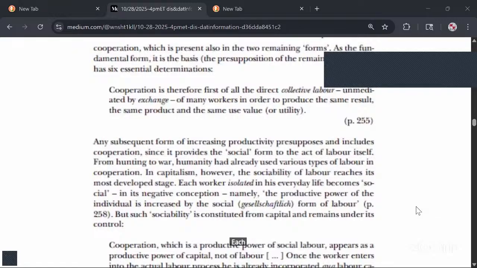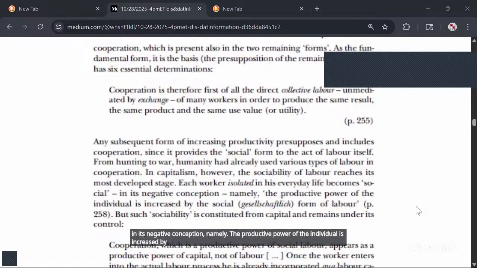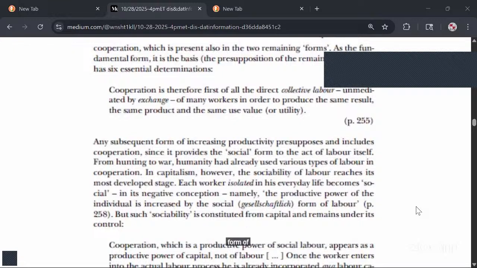Each worker, isolated in his everyday life, becomes social in its negative conception, namely, the productive power of the individual is increased by the social form of labor, Gesellschaftlich. But such sociability is constituted from capital and remains under its control.